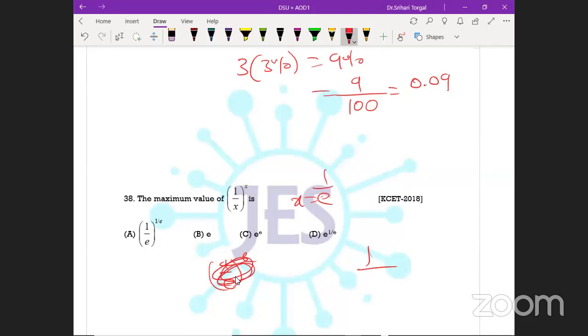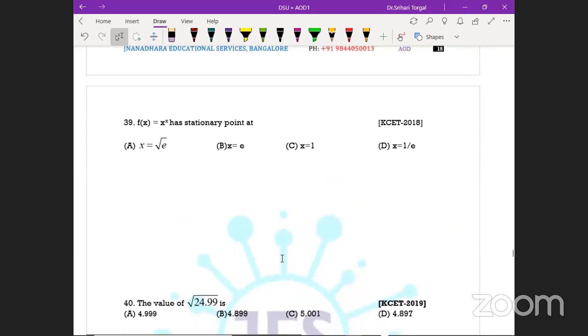So then in that case, 1 by e whole power 1 by e, right? That is e power 1 by e. Option D is the right answer. One more problem, variable power variable. If only x is there, you have to put x equal to 1 by e, right? Option D is the right answer.